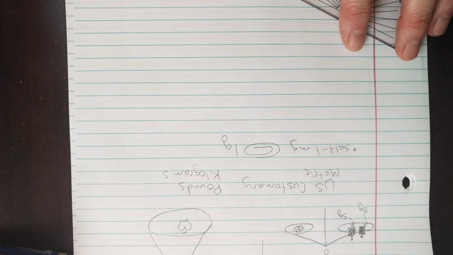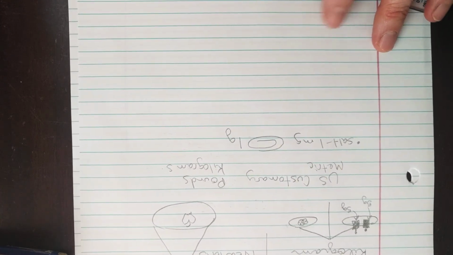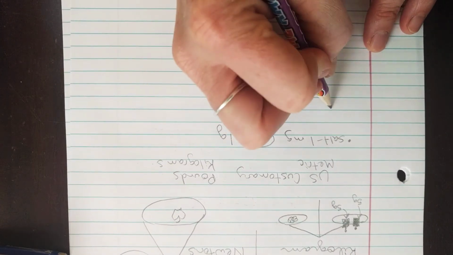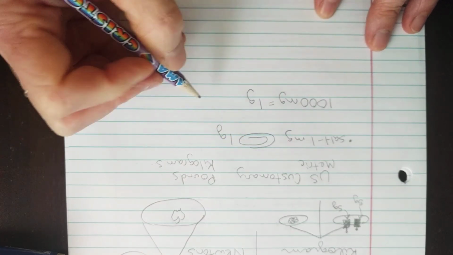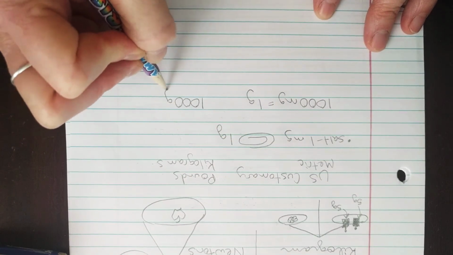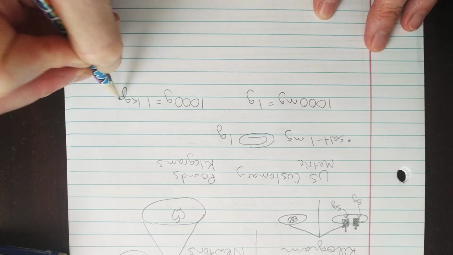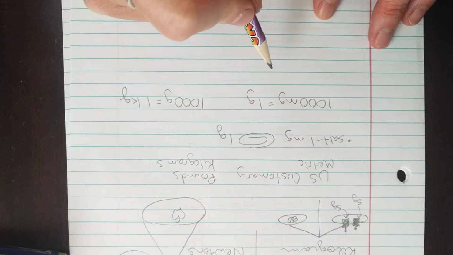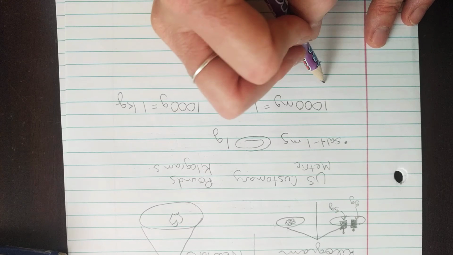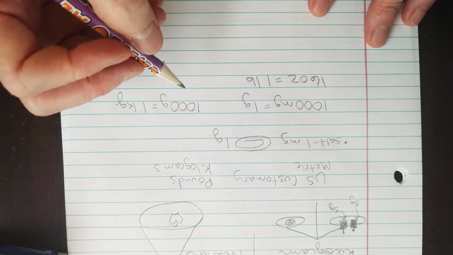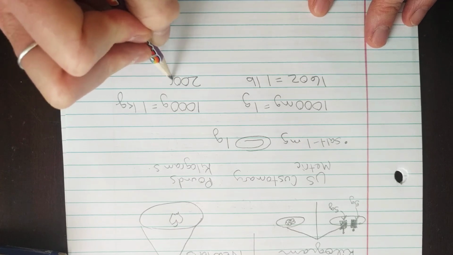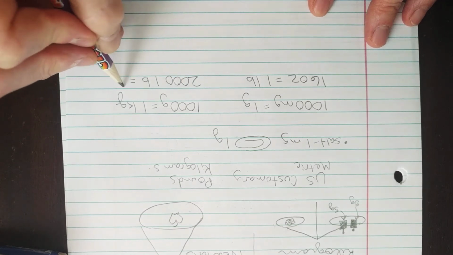So we're learning the conversion between different units of measure. We need to know that 1,000 milligrams equals 1 gram, and there are 1,000 grams in 1 kilogram. We also need to know the U.S. customary measurements. There are 16 ounces in 1 pound and 2,000 pounds in 1 ton.